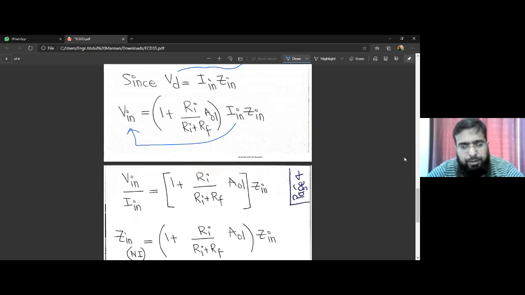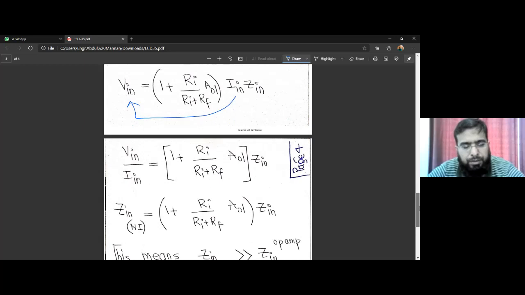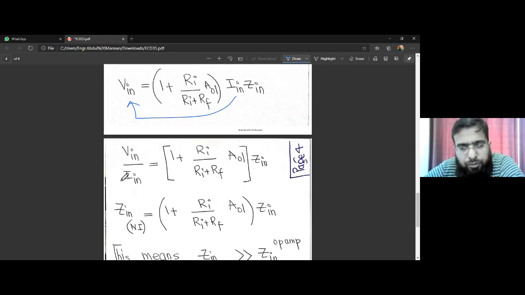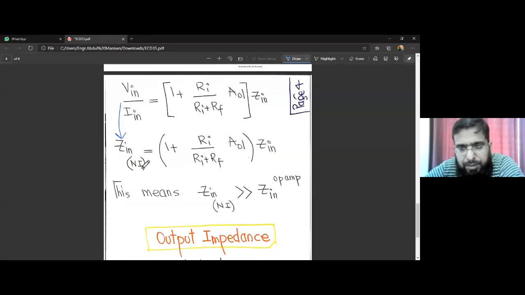Since we are working with a non-inverting amplifier, Zin for the non-inverting amplifier can be obtained from the Zin of the op-amp, the input impedance of the op-amp given in the data sheet.